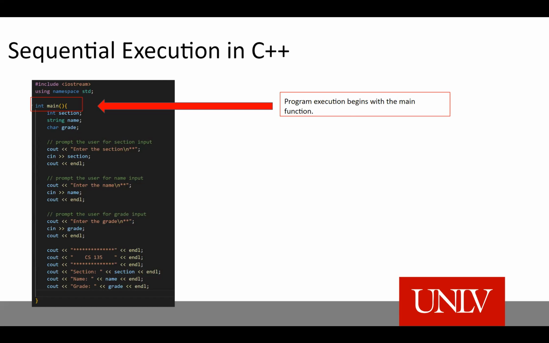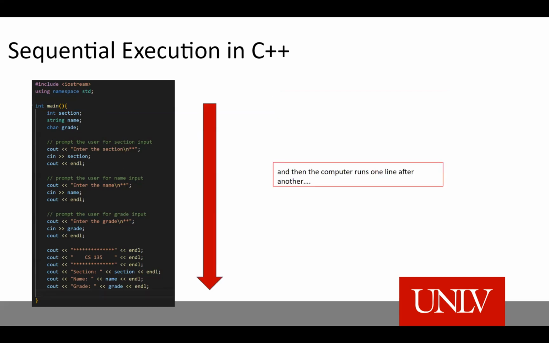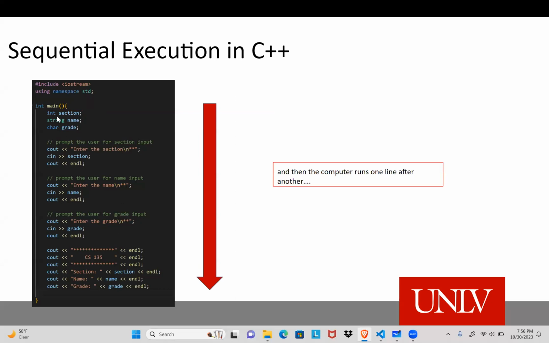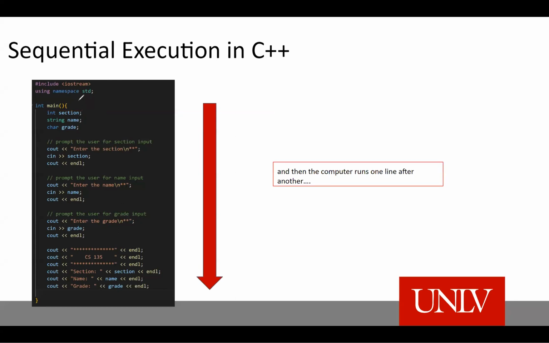We started the main method. Now, the idea of sequential execution is that the computer will run one line after the other. In this case, the program execution starts with the main method. After that, the immediate statement that will be executed would be creating an integer variable called section.